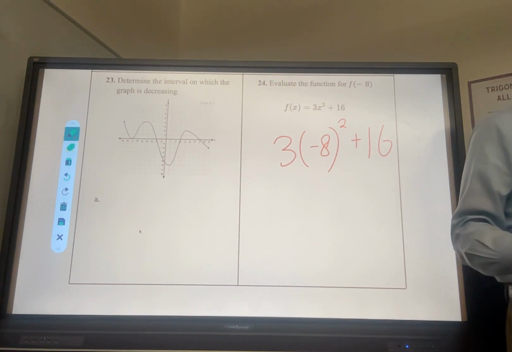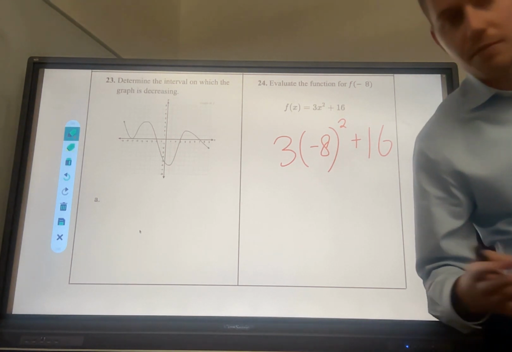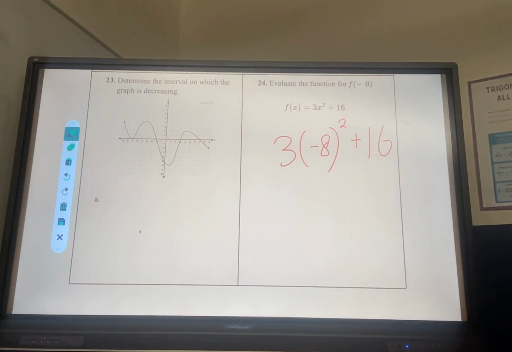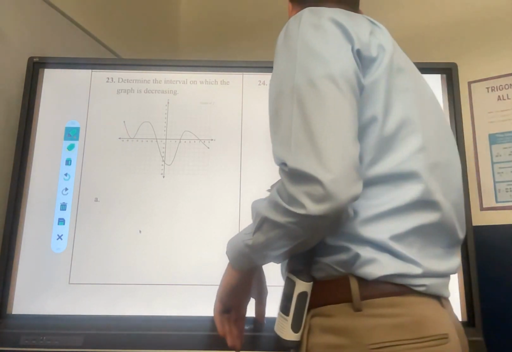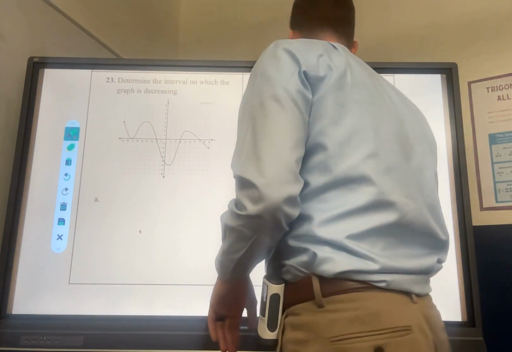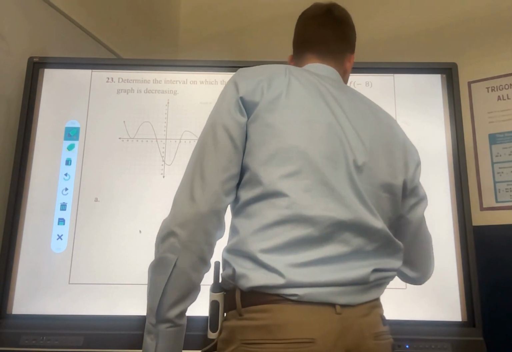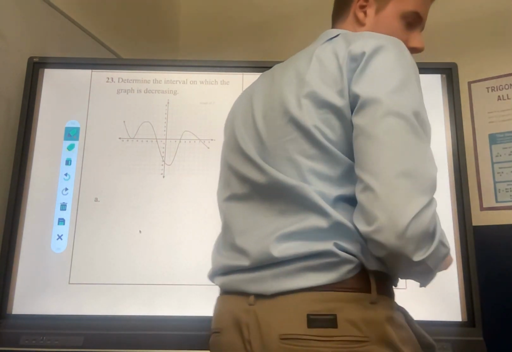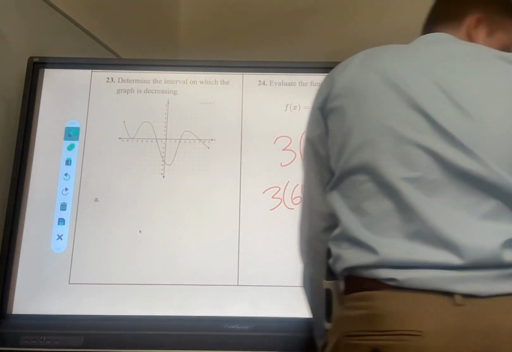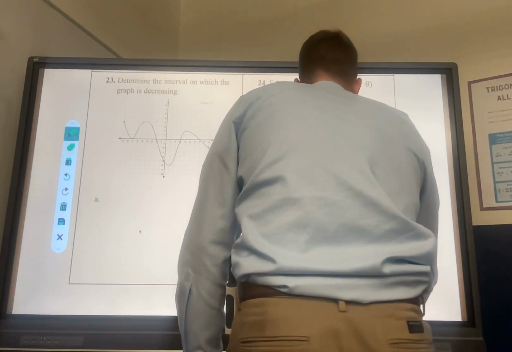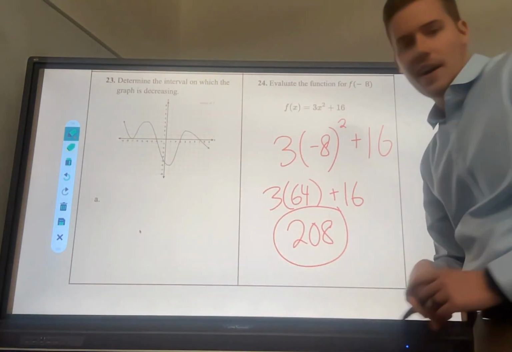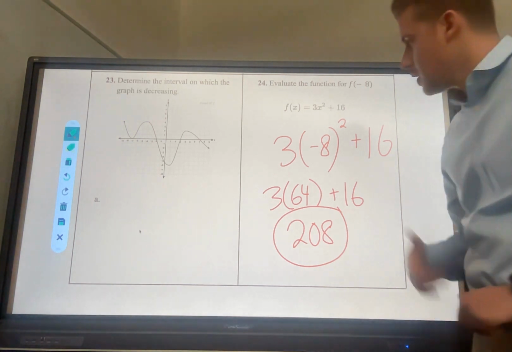Again, be careful to use your parentheses there, and y'all are going to be all good. So if we go ahead and substitute that in, we're going to get 3 times 64 plus 16. Looks like our final answer should be 208. All right, cool. There's our final answer, 208. Let's keep it going.